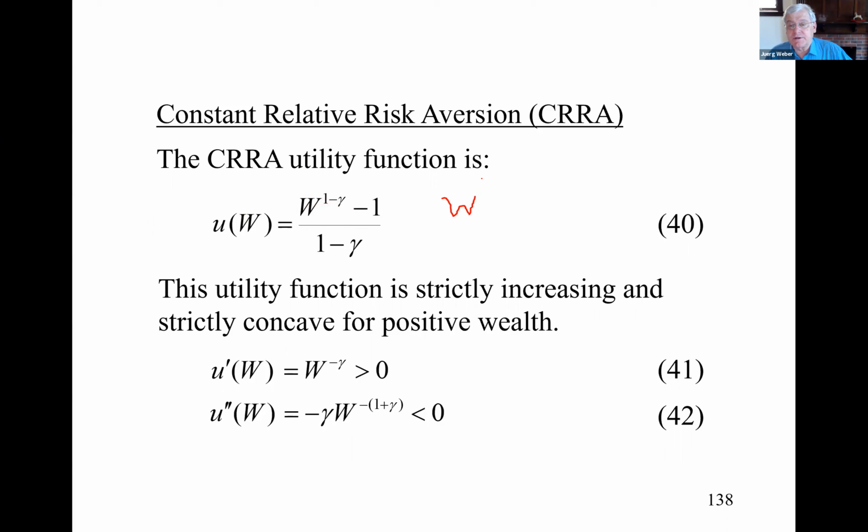We have wealth to the power, and we divide by 1 minus gamma. And then we subtract 1 divided by 1 minus gamma. So I break it up here. So that's the same thing.